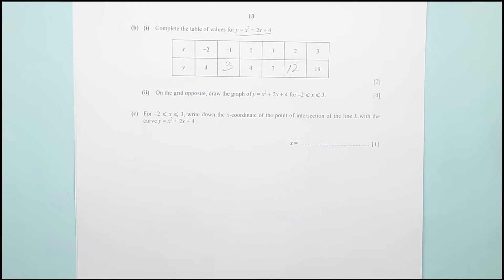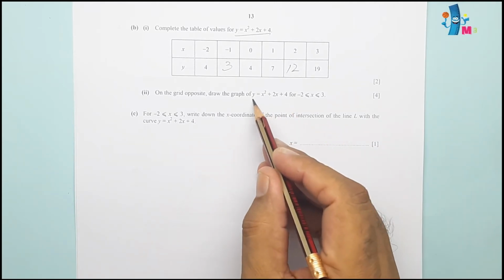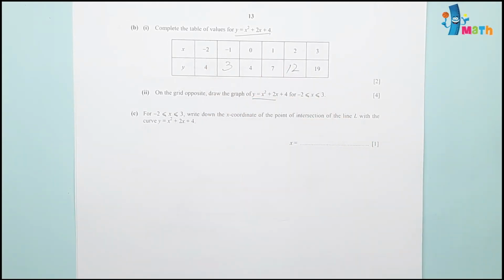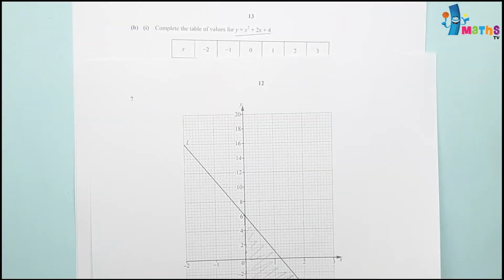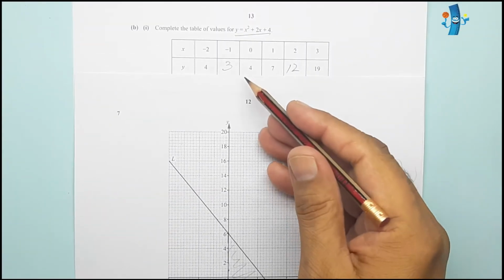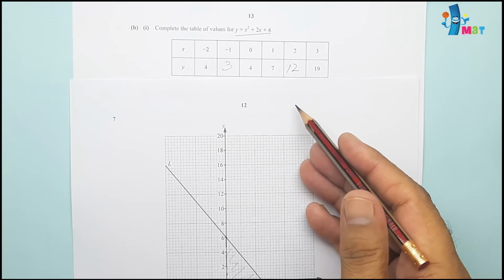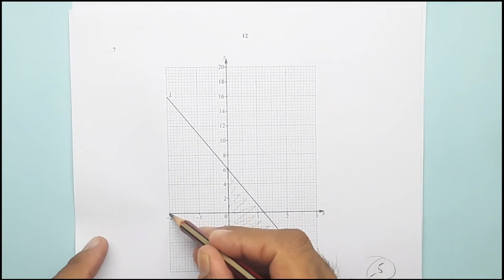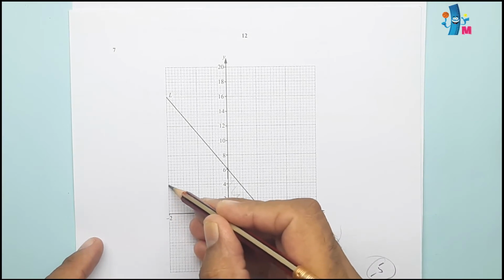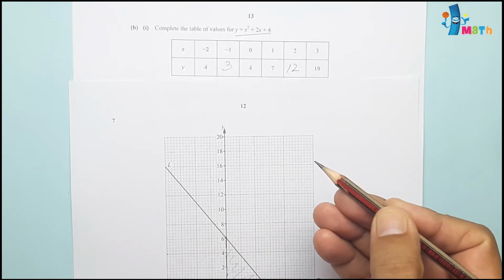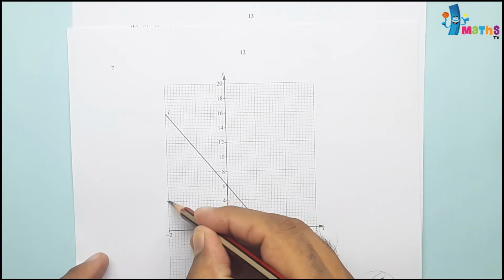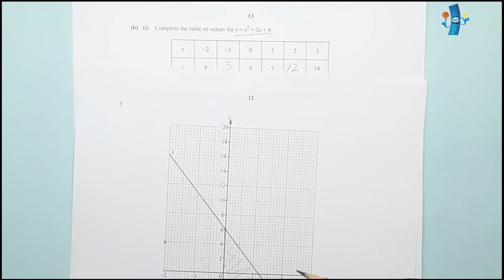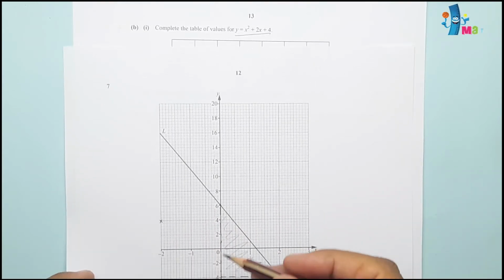On the grid opposite, draw the graph of this same equation. So we'll have to use the same grid and plot these values. The first value is minus 2 and 4. Minus 2 and 4 will be this point. Then the next one is minus 1 and 3.